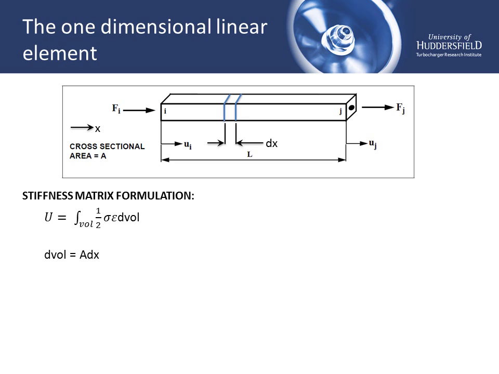Well, for this one-dimensional linear element, if we think about an elemental volume there, then that elemental volume has a fixed cross-sectional area, and we can multiply that fixed cross-sectional area by an elemental length, and that gives us a replacement for the small amount of volume. So we've now got A times a small amount of length dx.